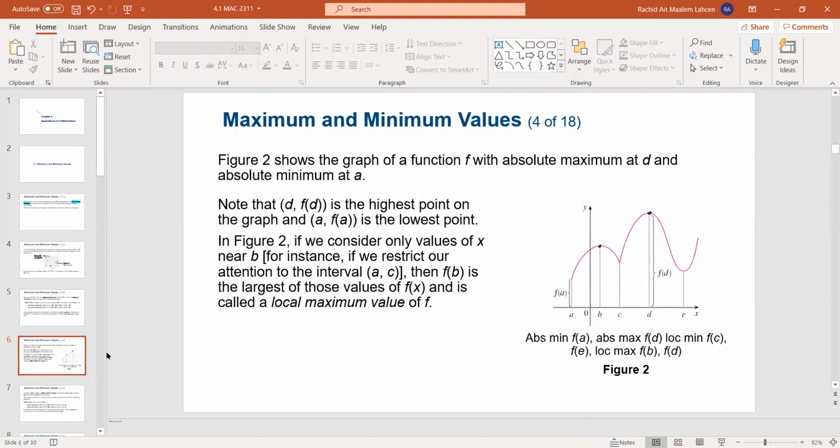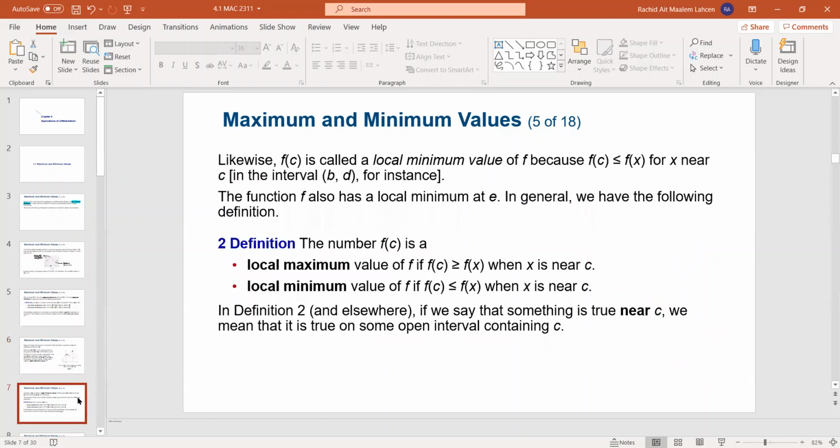So if we consider only the values of x near b, then f(b) is the largest of those, and it can be called the local maximum. If we consider just this range, you have something that's increasing, then decreasing. It can only do that if you have a local maximum there.